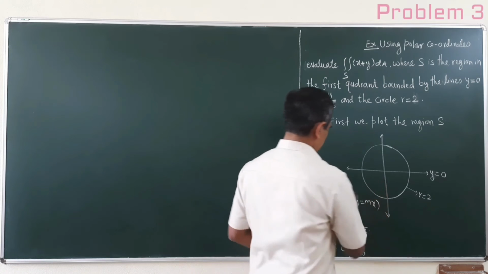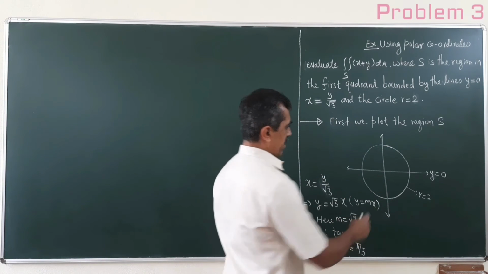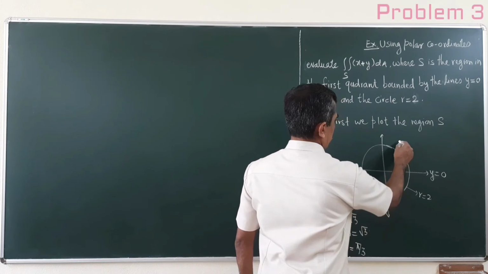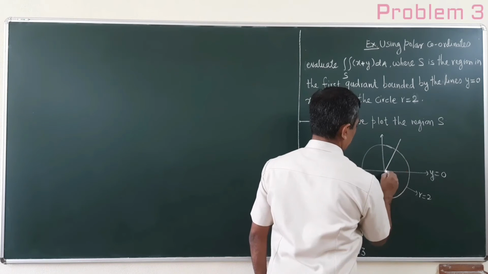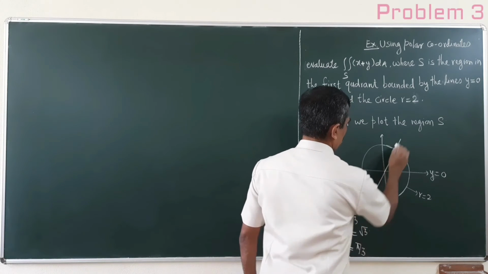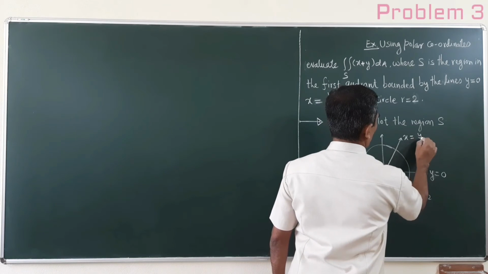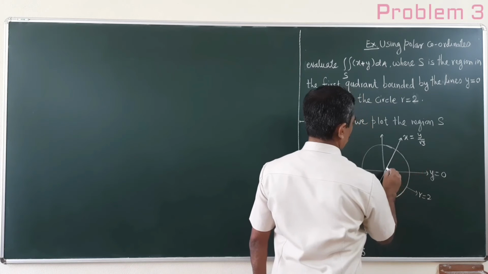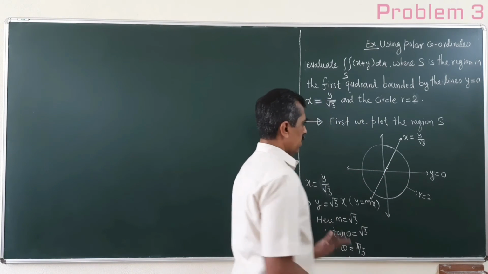So this line passes through the origin and makes an angle of 60 degrees or pi by 3.